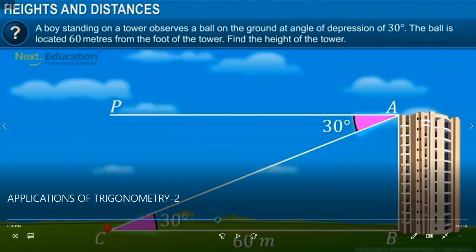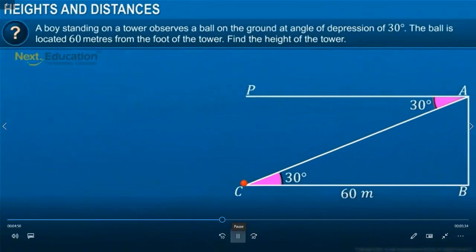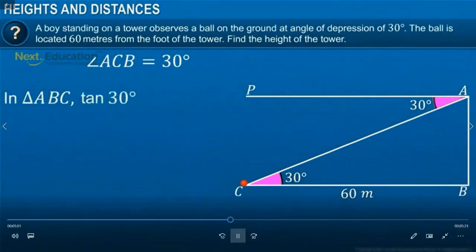And then you move ahead taking care of trigonometric angles. Now, which ratio shall we use here? Tan. Again, tan 30. Perfect. They are equal. Therefore, angle ACB is equal to 30 degrees. In the triangle ABC, tan 30 degrees is equal to AB divided by BC.